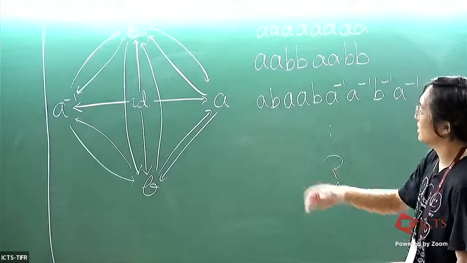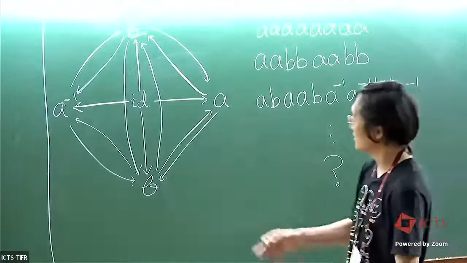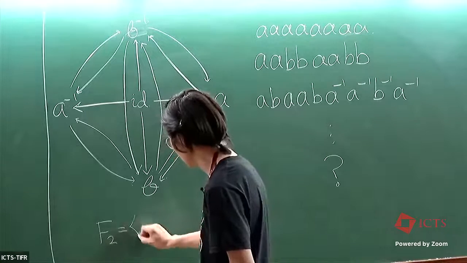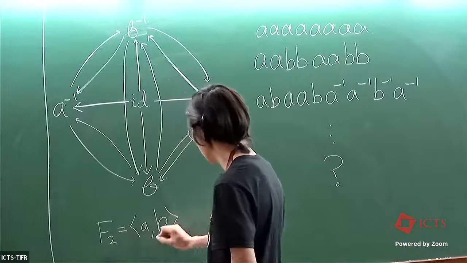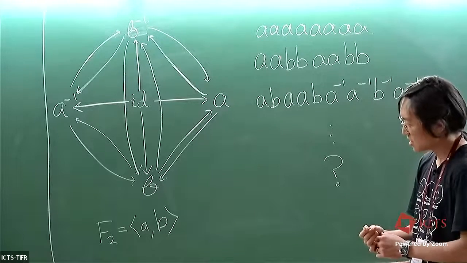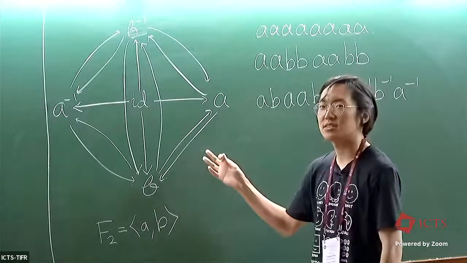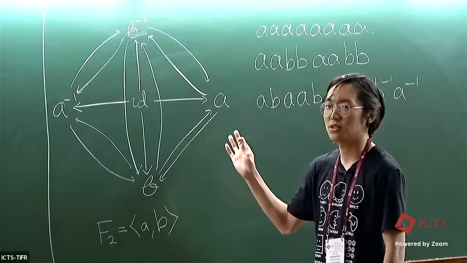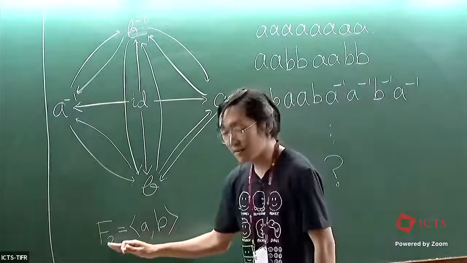This is something I don't usually write, but it is related to the free group generated by two elements, A and B. What is this diagram? This is the diagram that Piotr taught us. So what is F2?